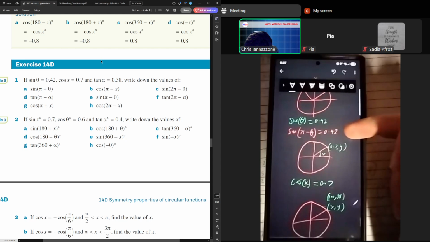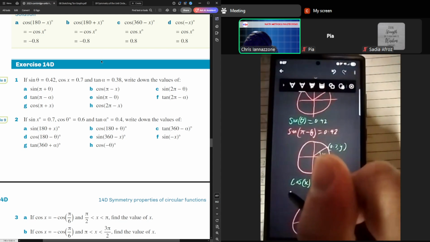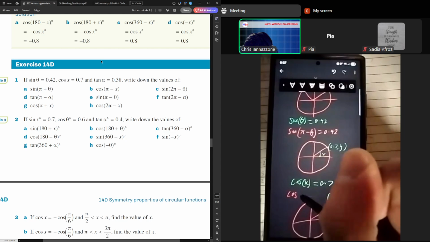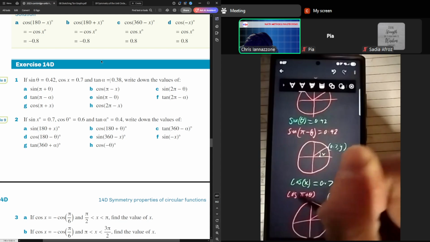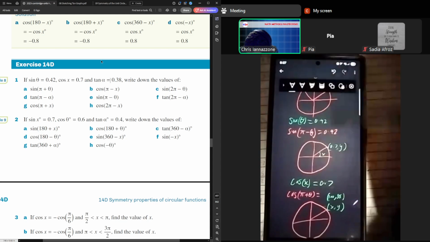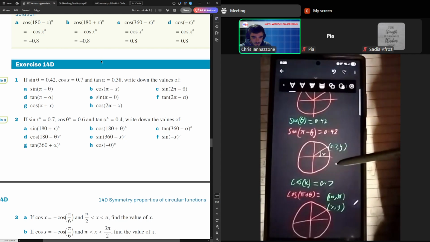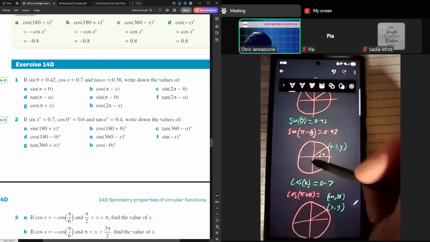Let's try this one here. We can go cos of pi plus theta this time. So if we're looking at this unit circle here, pi plus theta puts us where? Third quadrant? Yeah.